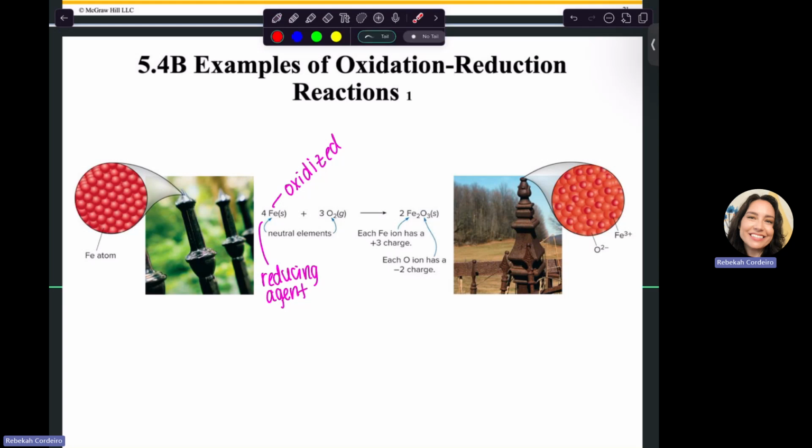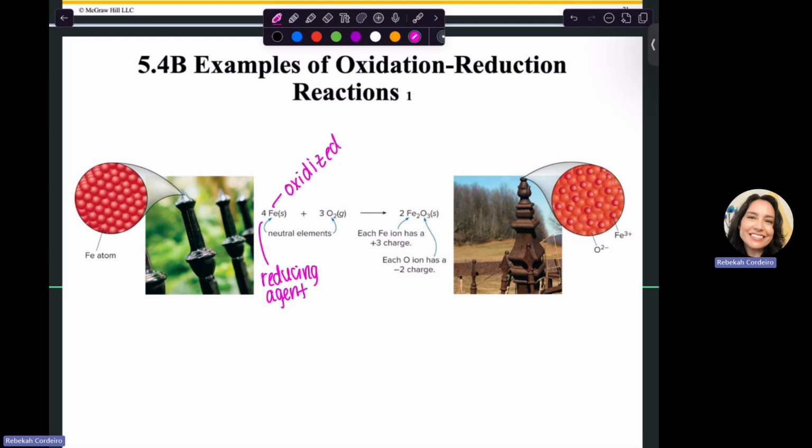Same thing for oxygen. Oxygen starts as 0 and it goes to -2. Now, how do we know the charges just from looking at this? We've got to remember how we talked about ionic compounds and breaking them down into their ions. So oxygen goes from 0 to -2. Is that getting more positive or getting more negative? That's getting more negative. Is getting more negative Leo or Ger? Getting more negative is Ger.